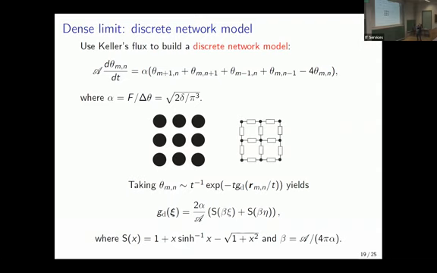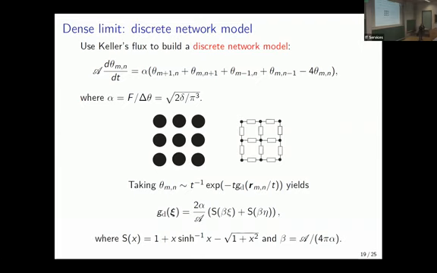So this is in effect replaced by a network model with these vertices here corresponding to the concentration in these voids, and these edges here, which look like resistors, correspond to the gaps between the obstacles.